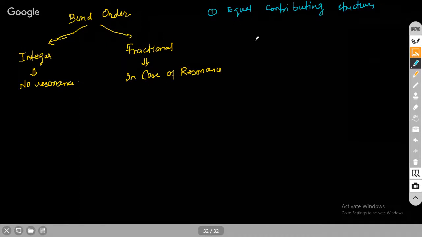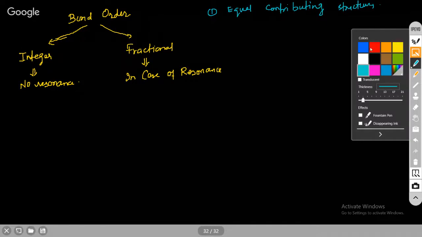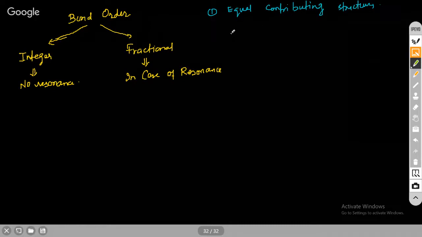So here you see the first example. I'll try to make you understand with one example here. Suppose the example I am taking is the formate ion. Formate ion is H, C double bond O, O minus. And the other structure of this will be H, C single bond O minus, double bond O. Right?